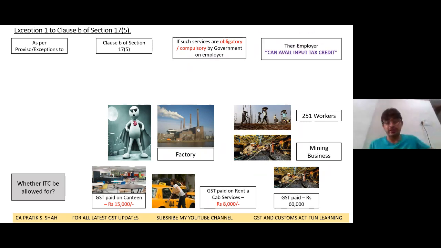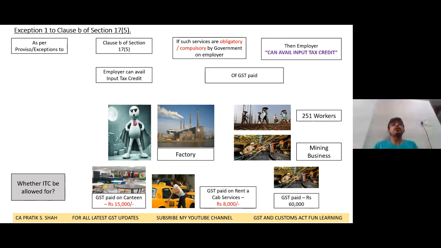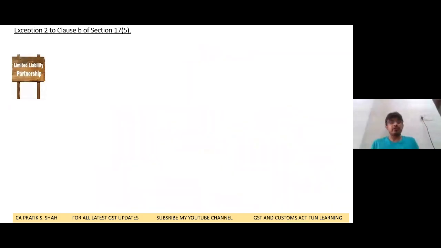In normal cases, the employer cannot take the ITC, but since it is made compulsory by government, the employer can take this ITC. So this is exception number 1. If government has made it compulsory on the employer, he can take the ITC. Fair enough?